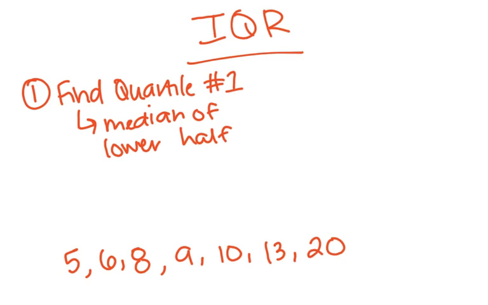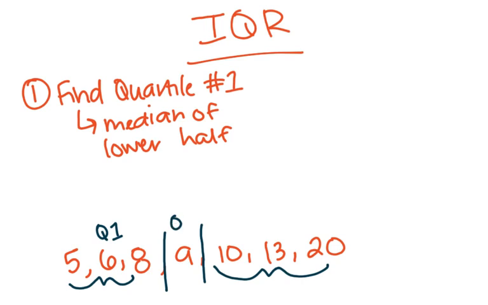Okay, so median of the lower half, this is an odd set of numbers. So where our median is, we could just draw 2 lines around our median, with 5, 6, 8 being our lower half and 10, 13, 20 being our upper half. Okay, so what is our median of our lower half? Well, that would be 6. So that is quartile 1.